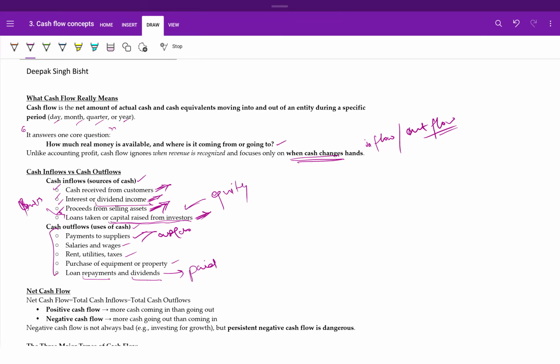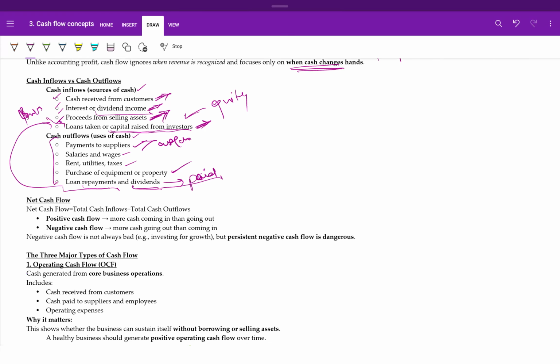We are repaying loans which we previously took from financial institutions or institutional investors, and we are paying dividends to our equity holders. I hope this much was clear. Inflow and outflow are the basic building blocks of what we are going to discuss further in later readings.